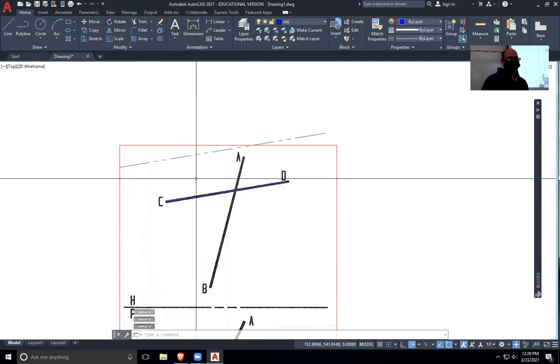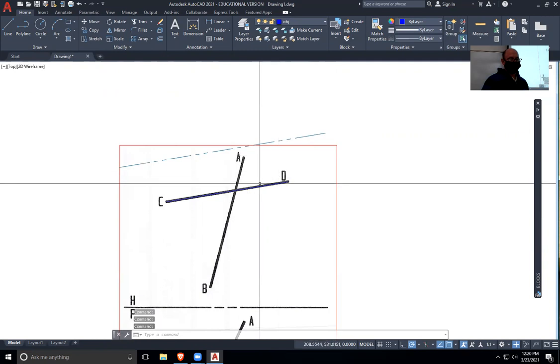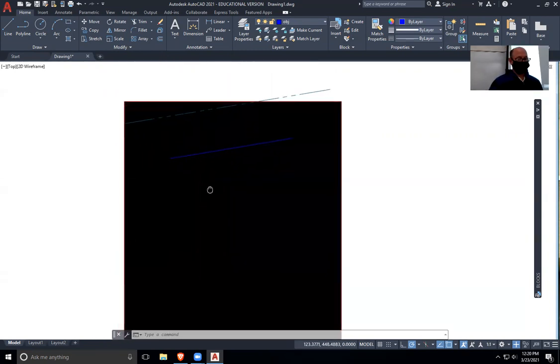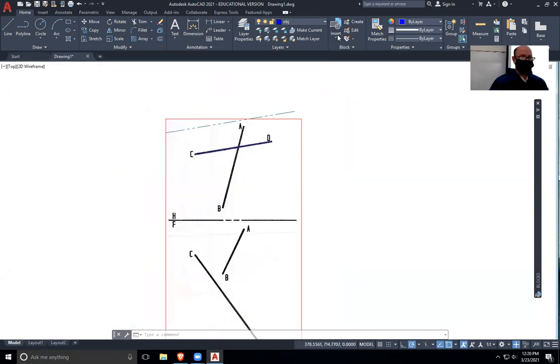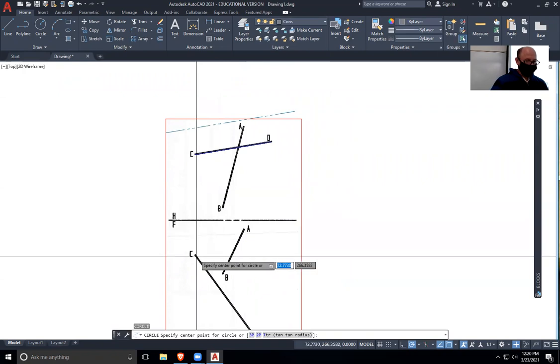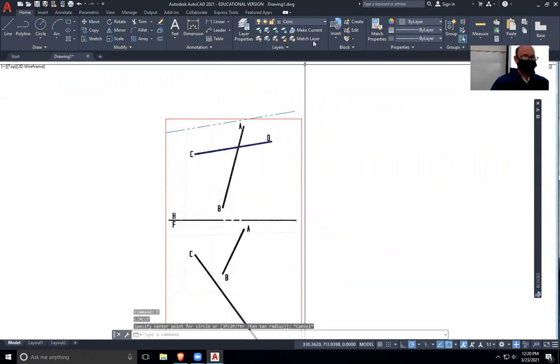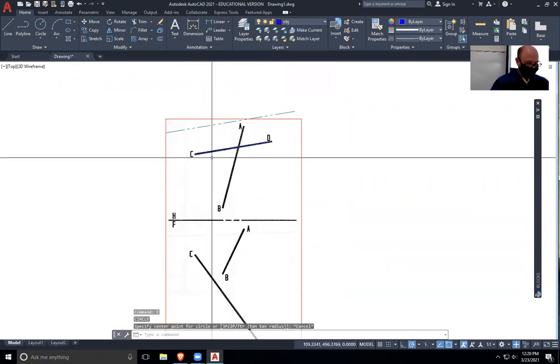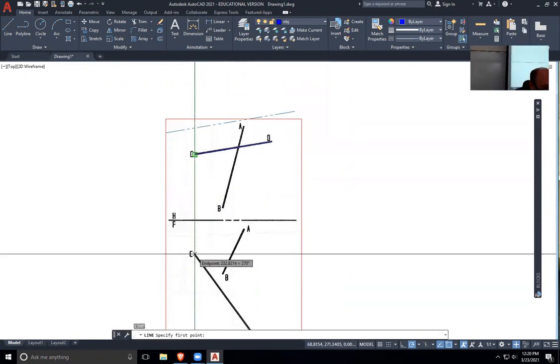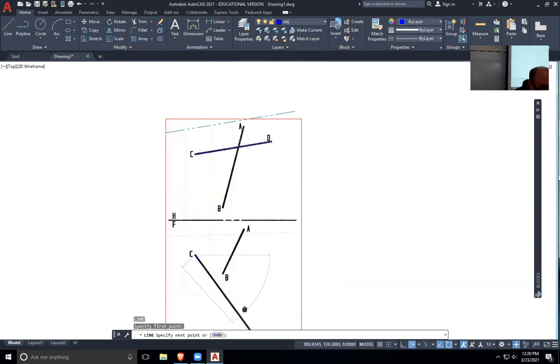So I'm going to project parallel, right, of my reference line parallel to CD, and I'll try to get the true length using construction layer circles. Okay, so I guess I have to draw that line first.